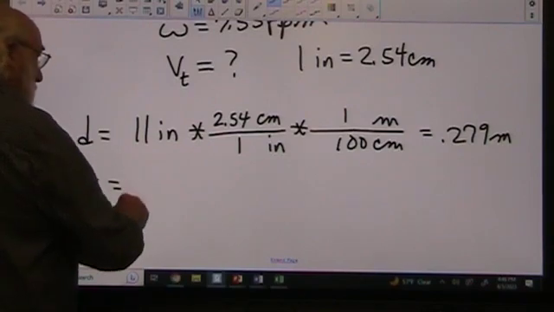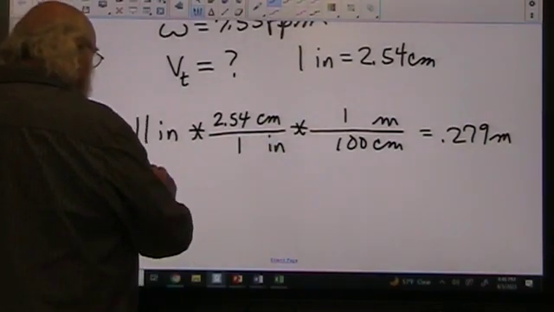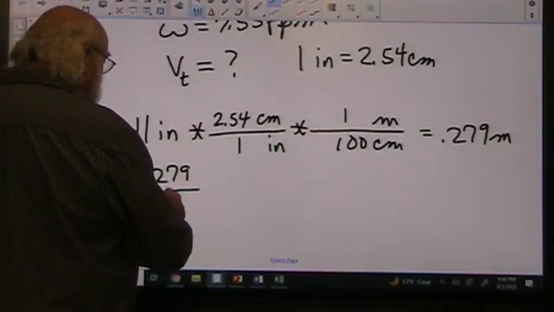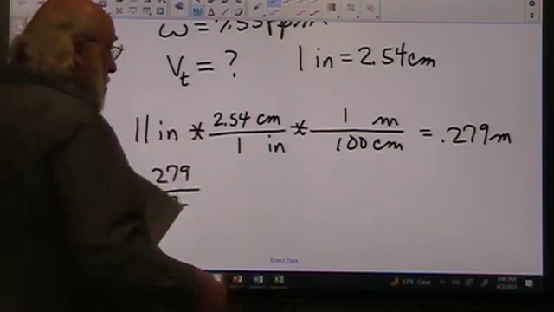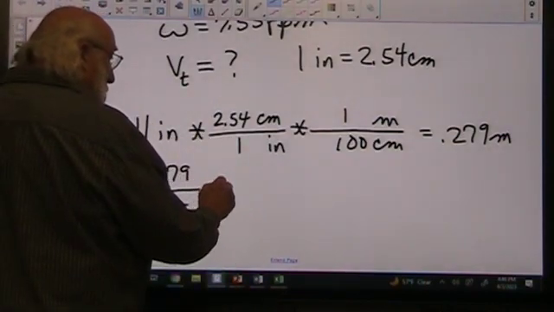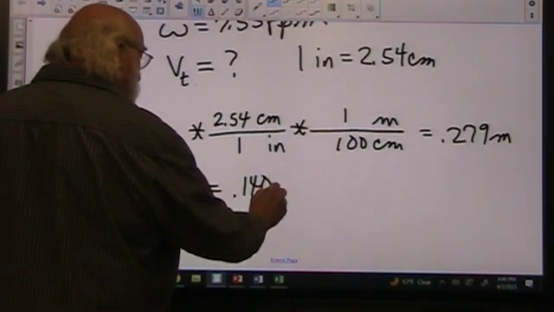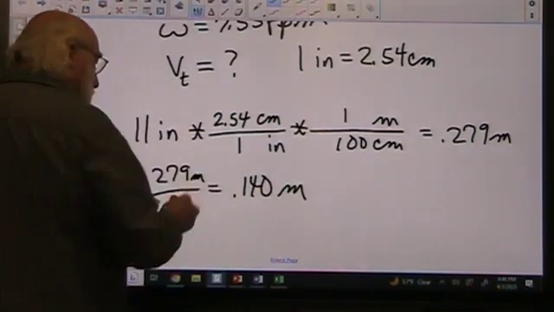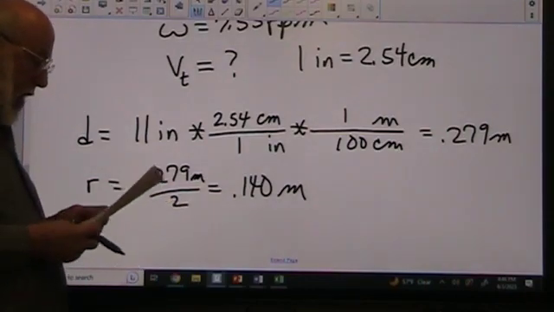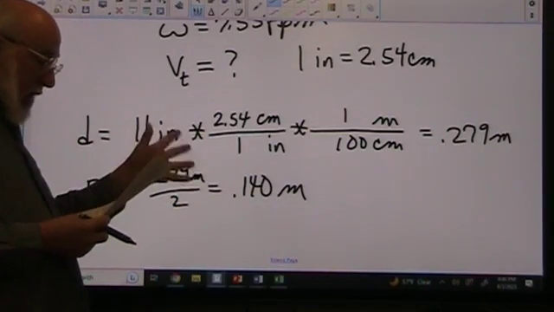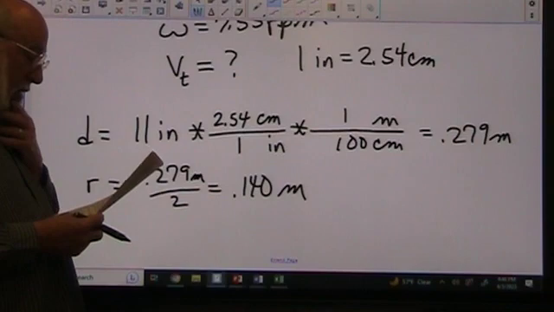So the radius then is going to be half of that, 0.279 over 2 is actually 0.1397, which is just going to round up the way we would have done it anyway, which is 0.140 meters. Okay, now, that gives us the radius of the tire.